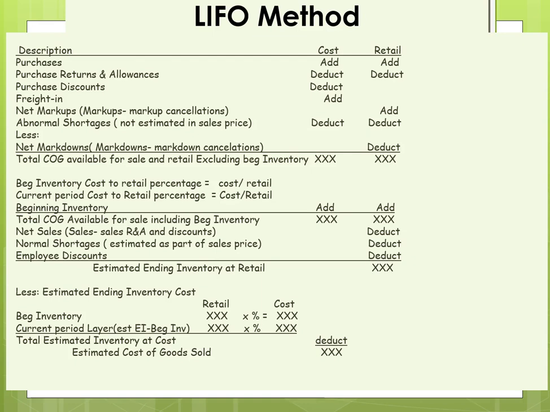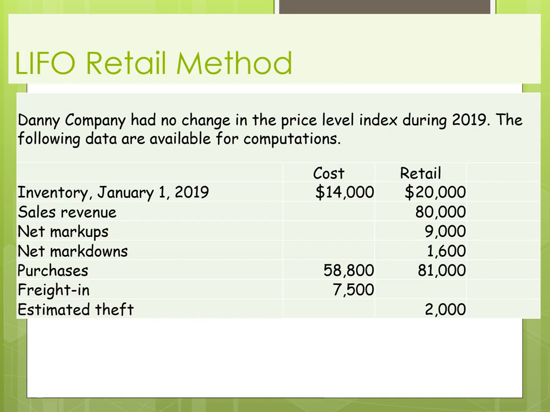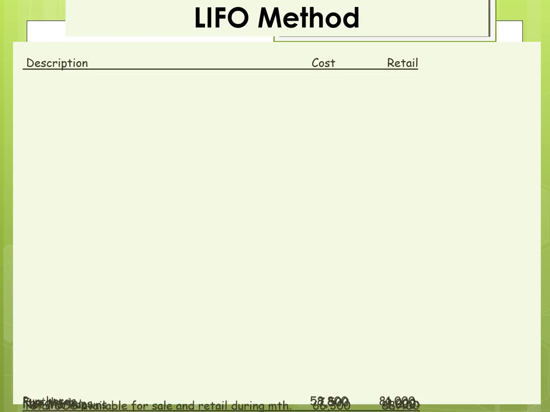So again, look at this. This is, I think, a really good guide. Danny had no change in the price index. He has beginning inventory, purchases, markups, markdowns, and some estimated theft, which would be normal. Now we're going to go to our problem.